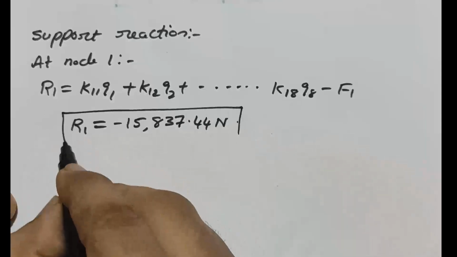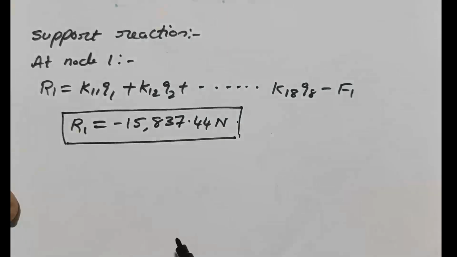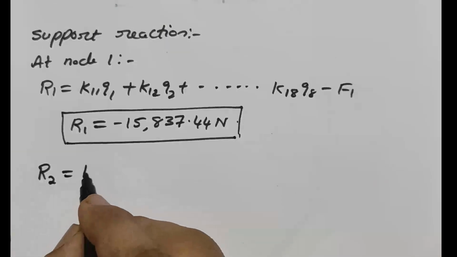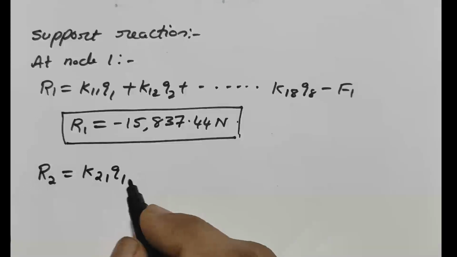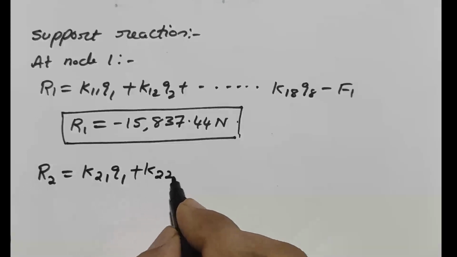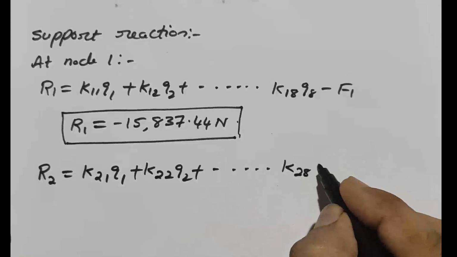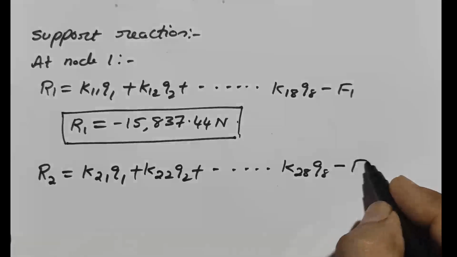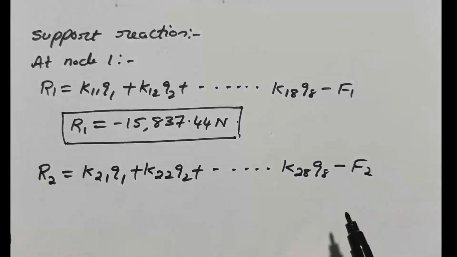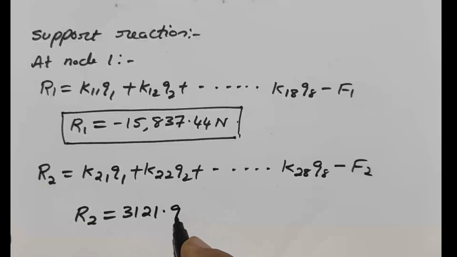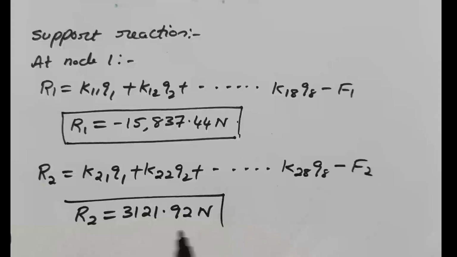This is the support reaction at node number 1 in x direction. Next, at node 1, we need R2. It is K21 Q1 plus K22 Q2 plus dot up to K28 into Q8 minus F2. Substitute all the values and simplify, we will get R2 is equal to 3121.92 Newton. This is the support reaction at node number 1 in y direction.